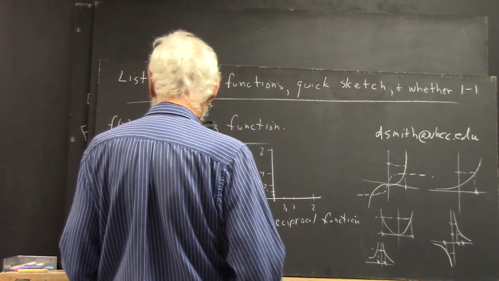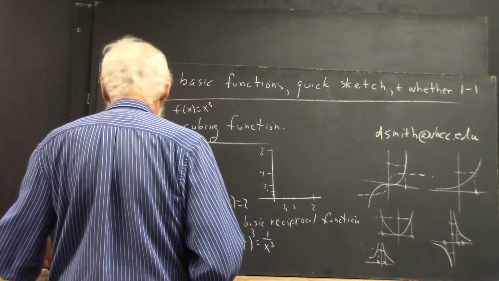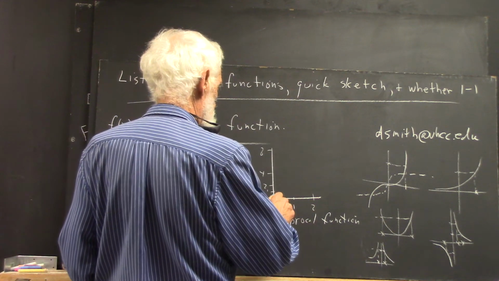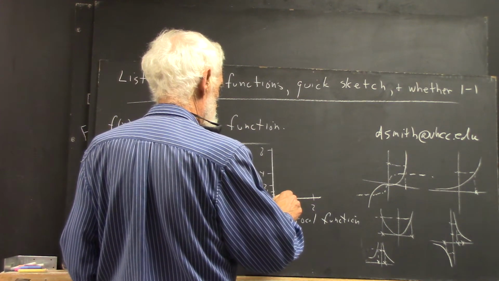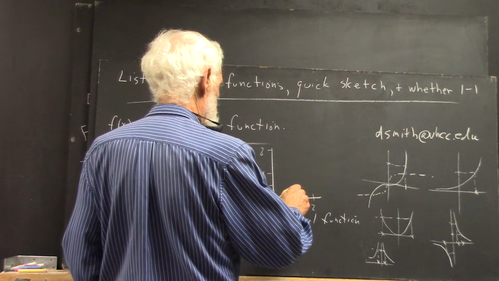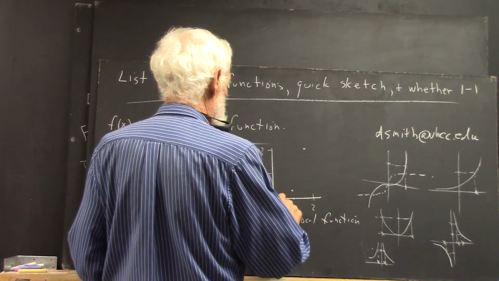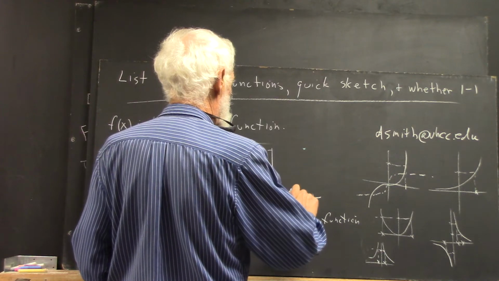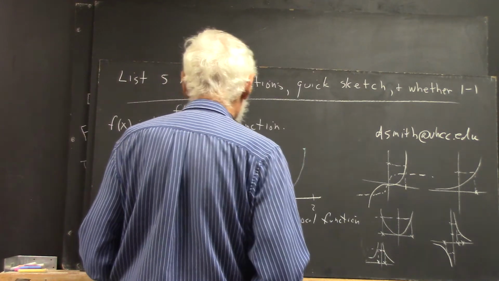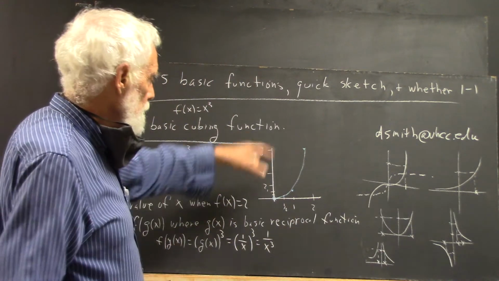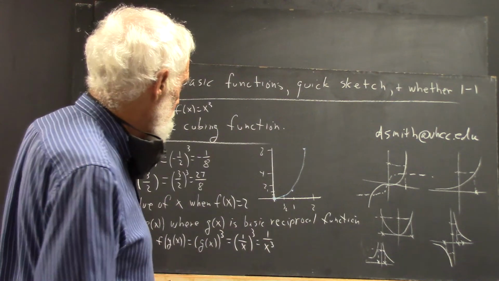Okay, so we have points on the graph, and a graph that looks like this.